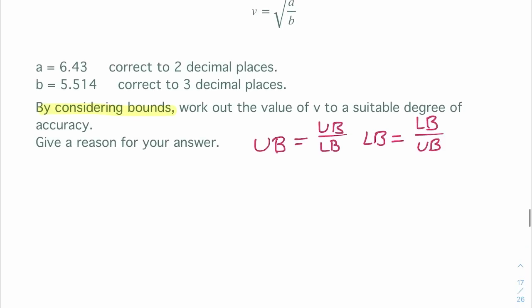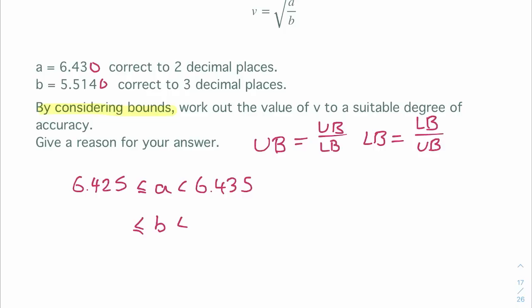So before I do that, I need to work out the error intervals for both. So for A, and when I'm writing my error intervals here, you can put A in the middle, you can put the number in the middle, doesn't actually matter, but I need to write the error interval for both, and remember, equal to symbol on that left inequality. So for the first one, if we add a 5 on the end for the upper bound, that's 6.435, and it can help to add a 0 onto the end here if it helps you to visualise it, but for the smaller bound, therefore, it would be 6.425.